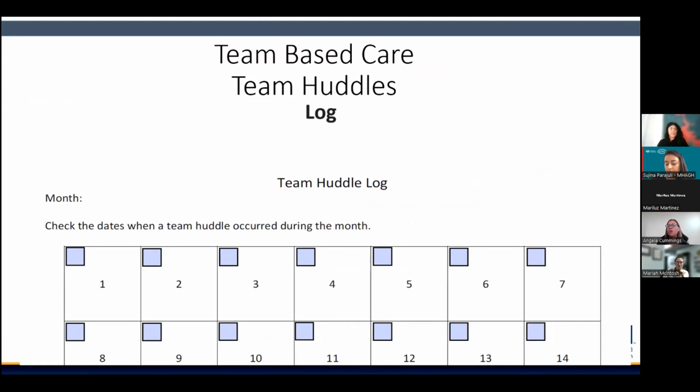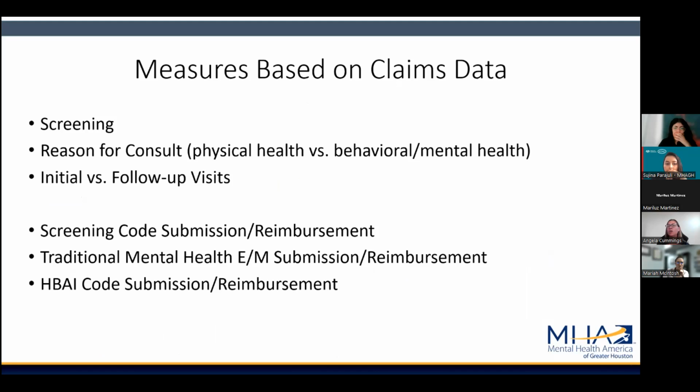Again, this is that high level, one-stop shop. Oh, look at this, we had 2 huddles every week during the month of July. You can see that at a glance, and you can see if that changes over time. Have you been able to work from 1 huddle a week to 3 huddles a week? Because you are tracking those.